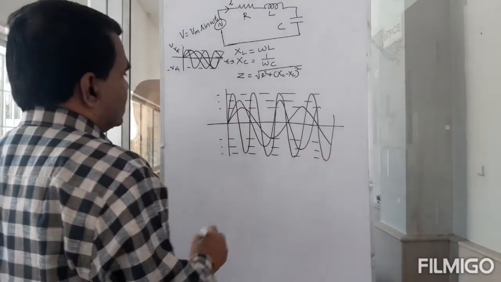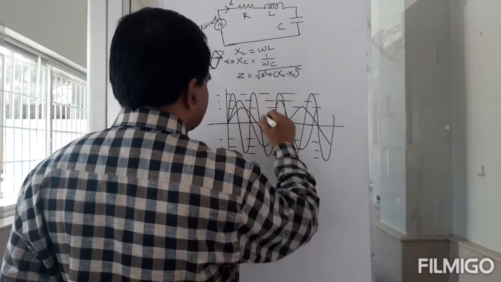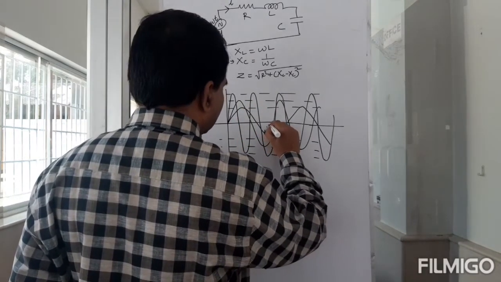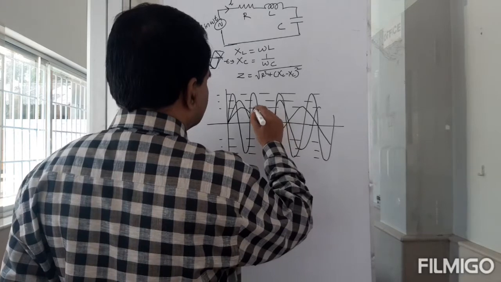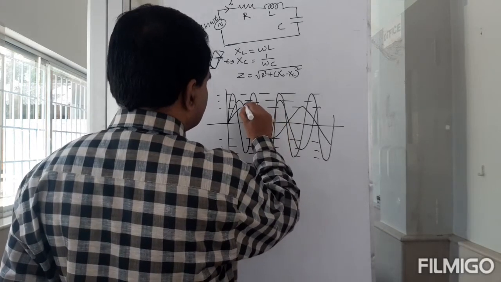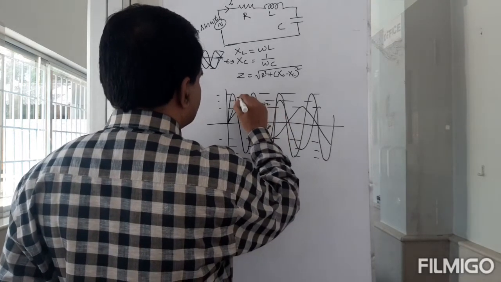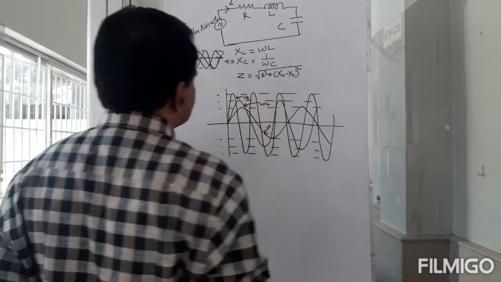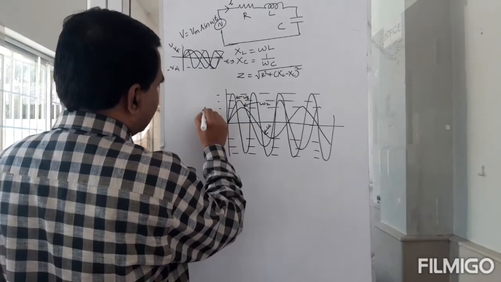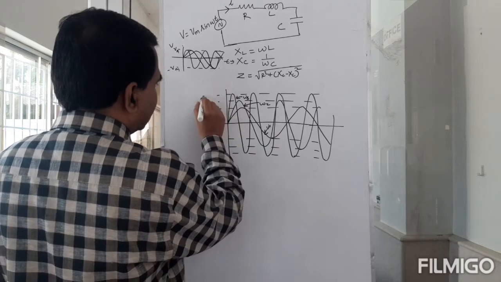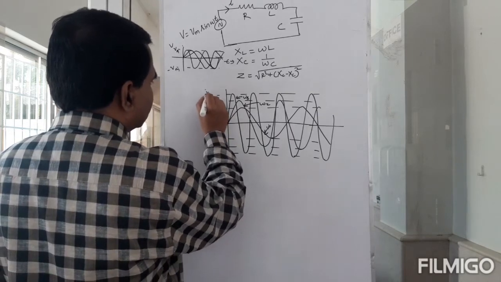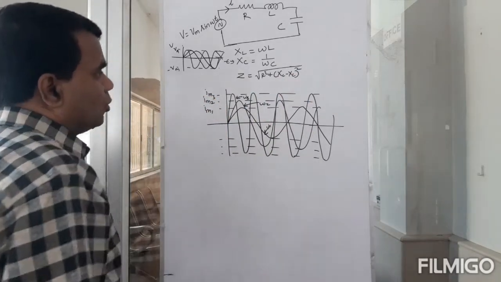So this is for one frequency omega 1, and this is for omega 2, and this is for omega 3. So I get Im1, and then Im2, this is Im3, and so on.